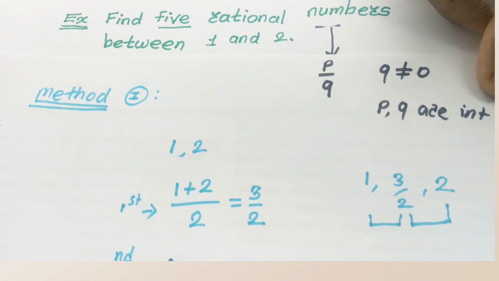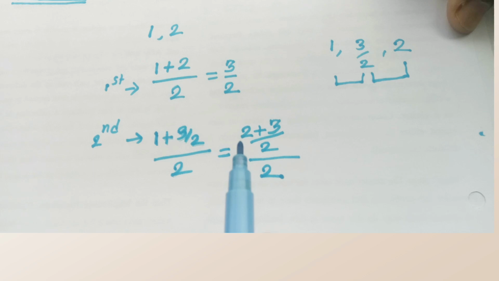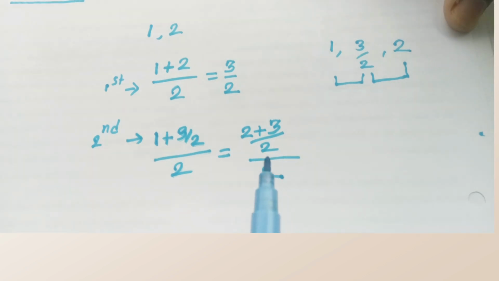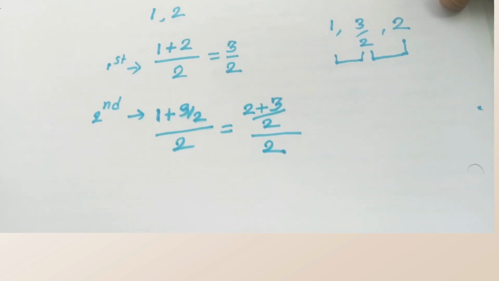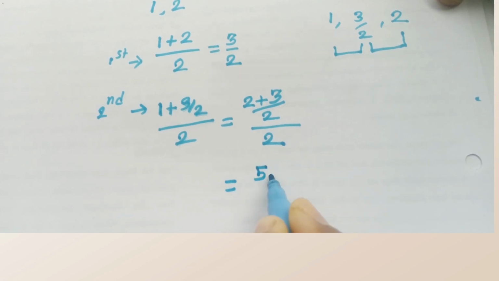So for the second, the number is 1 plus 3 by 2, divided by 2, which equals, multiplying 1 by 2, we get 2 plus 3 by 2, whole divided by 2. Now take the addition of 2 plus 3, that is 5 divided by 2. Here we get 5 divided by 2 divided by 2.